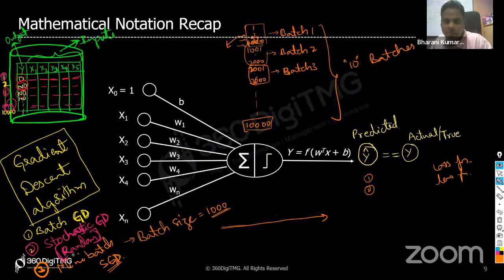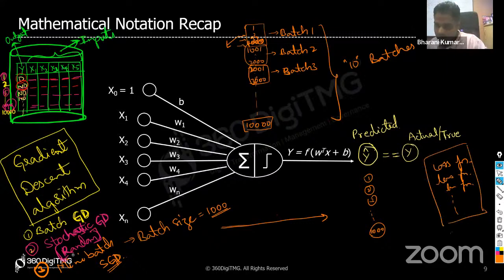Then say randomly you have chosen observation number 1,000, pass the inputs through your network, calculate the loss function, and until you cover all the 1,000, you keep calculating the loss functions. Once you get 1,000 loss functions, you aggregate them to get a cost function. And once you get a cost function, you go back and update the weights.